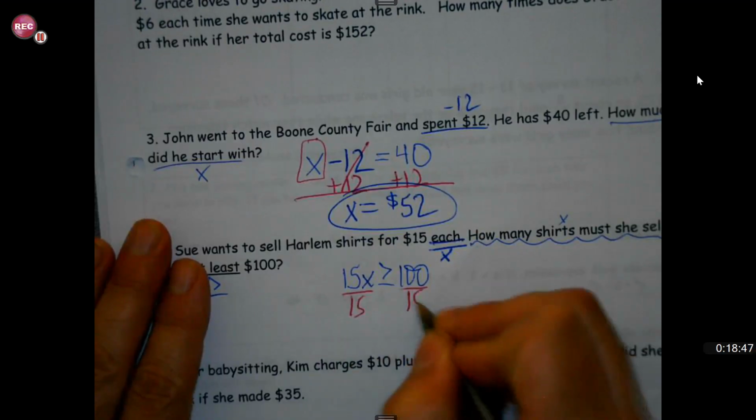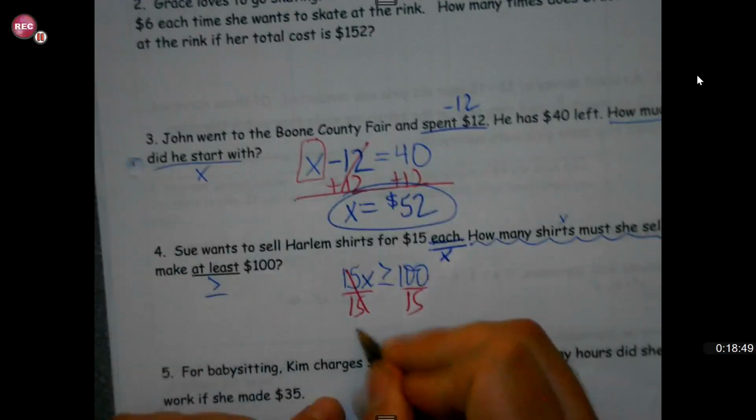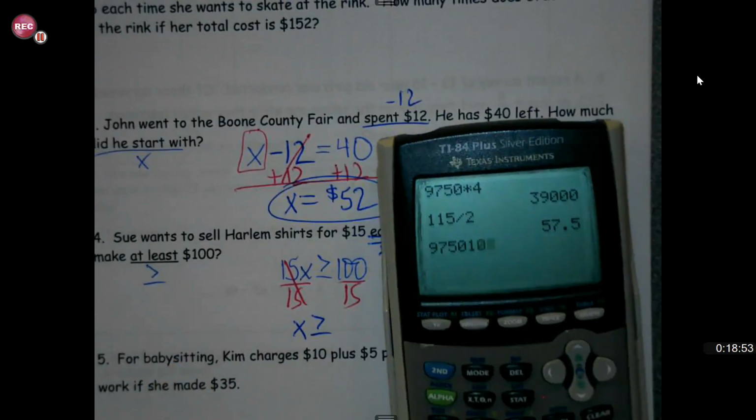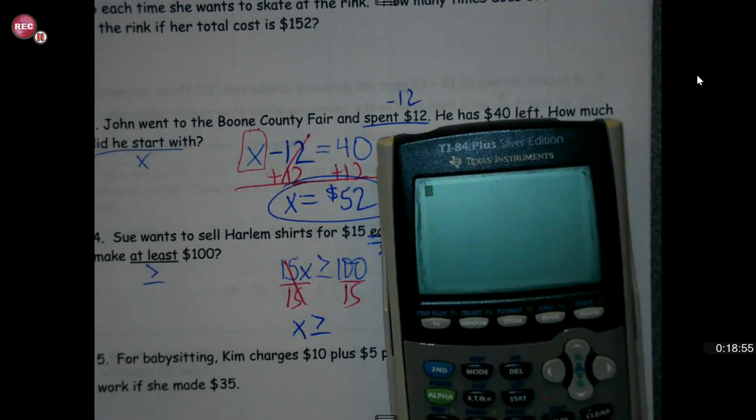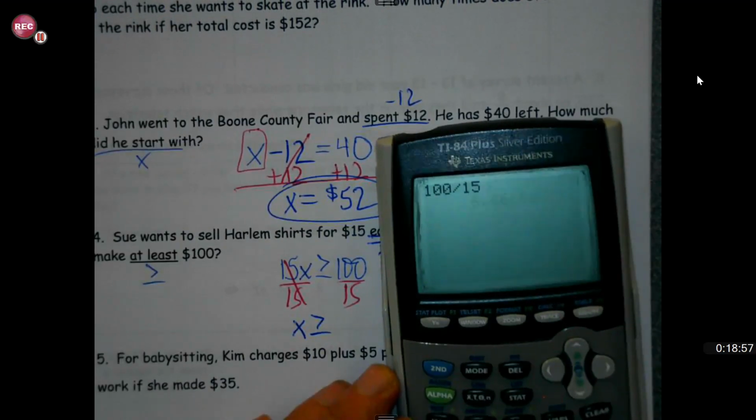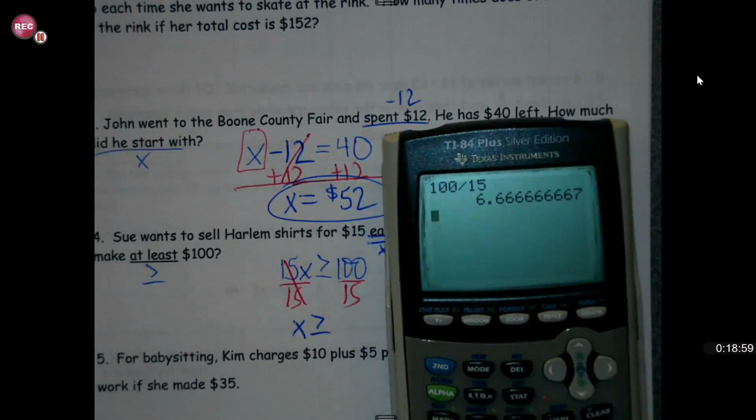And here's going to come our first dilemma. 100 divided by 15 is 6.66666. Now, here's a problem. Can I purchase 2/3 of a shirt? I don't know what that would look like. Maybe they'd cut off one of the arms or something like that. Maybe. I can't sell 0.6666 of a shirt.